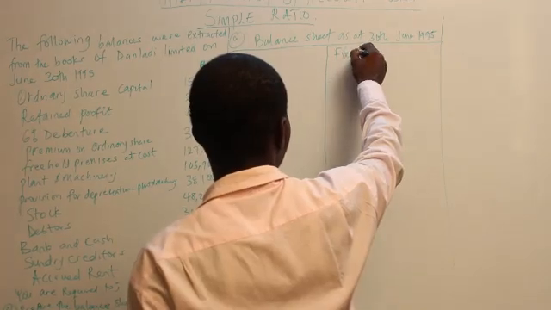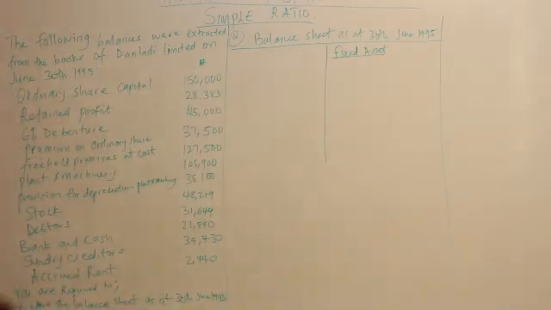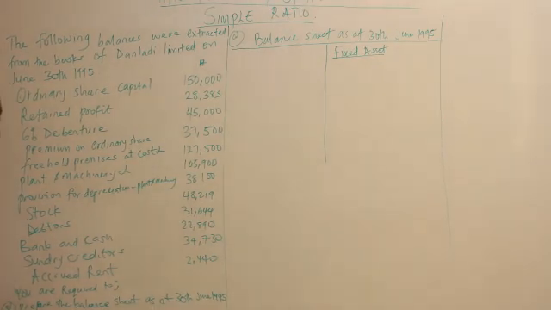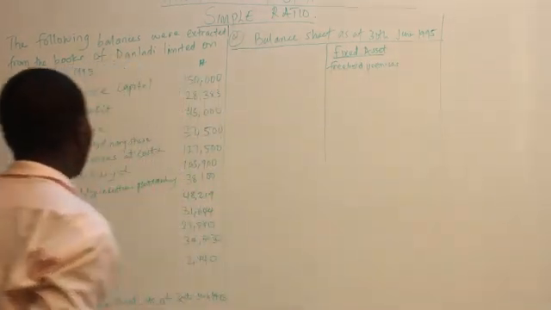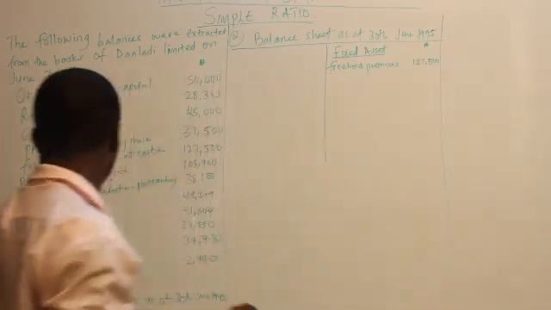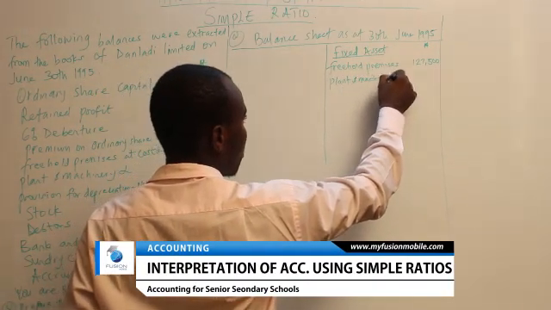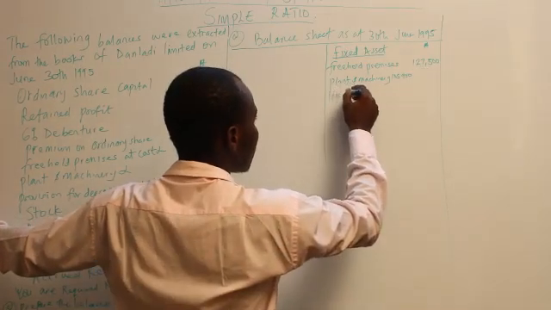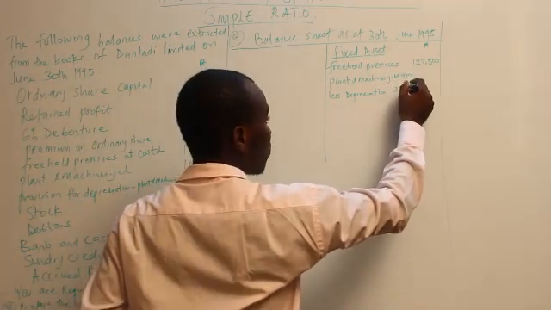We have fixed assets: freehold premises 127,500, and plant and machinery 105,900, less depreciation of 38,100.